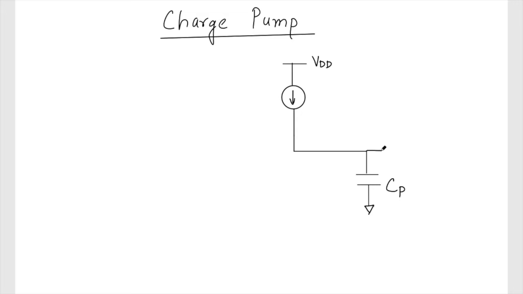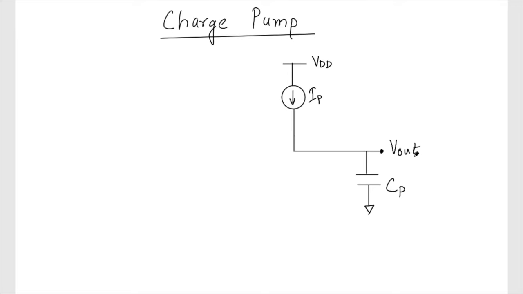Then we want to see the behavior of the voltage here, let's call it V out. I want to know, if I pump a constant current IP into CP, how will this voltage look?